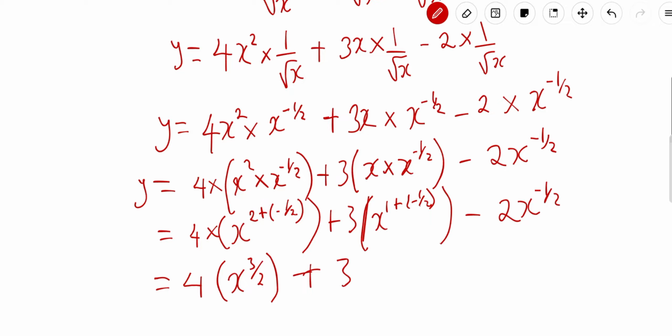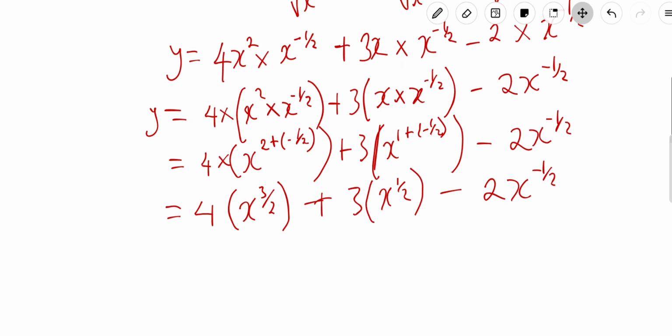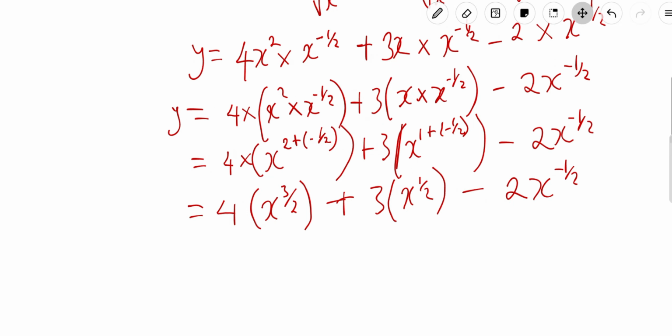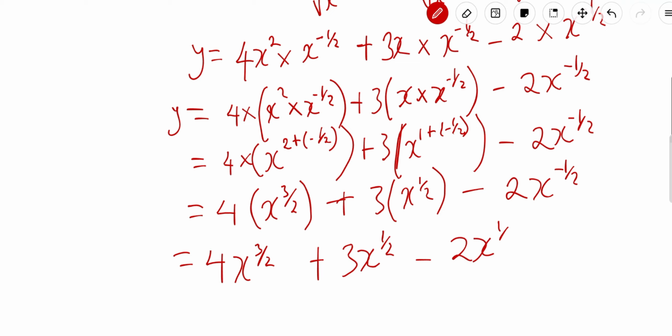Plus 3, and then x to the power of 1 multiplied by this negative gives negative, so I have x to the power of 1 minus 1 over 2, and that gives 1 over 2. So what I have here is x to the power of 1 over 2 minus 2x to the power of negative 1 over 2. Finally, what we have is 4x to the power of 3 over 2 plus 3x to the power of 1 over 2 minus 2x to the power of negative 1 over 2.